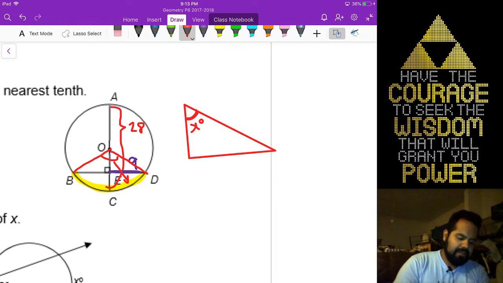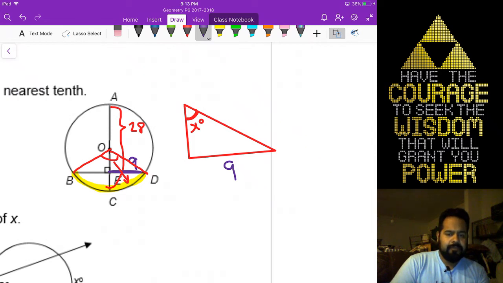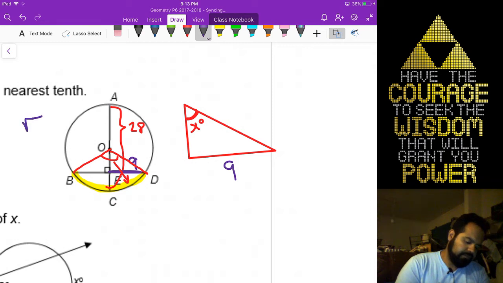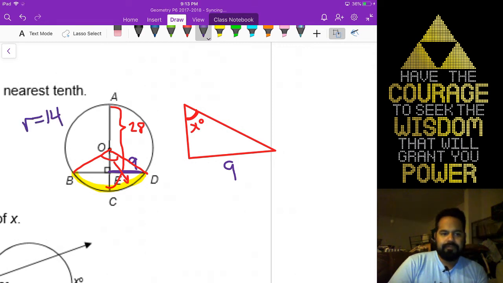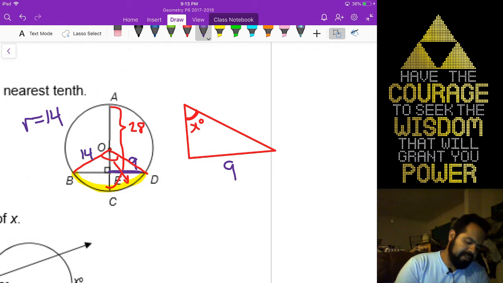The only thing I know for sure is this 9 here. But wait, the diameter is 28. So that means my radius is 14. That means this is 14 here, as well as this side here.